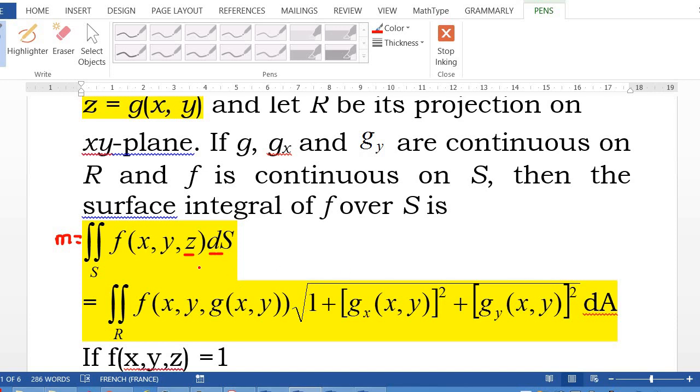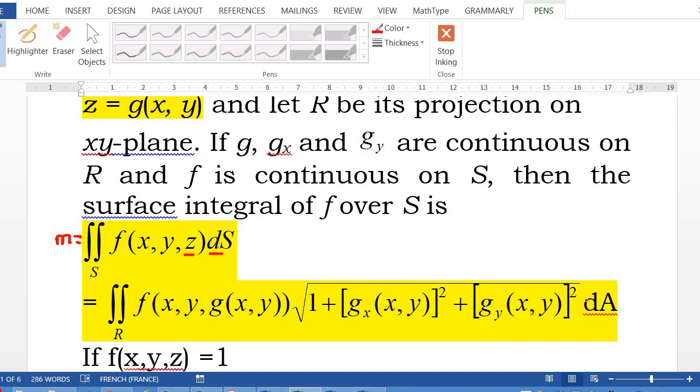If you have variable z, you must replace it in terms of a function of x and y. Then you must identify the region R, because later it becomes a double integral dA over region R. To get the region R, you need to project your surface onto the xy plane.